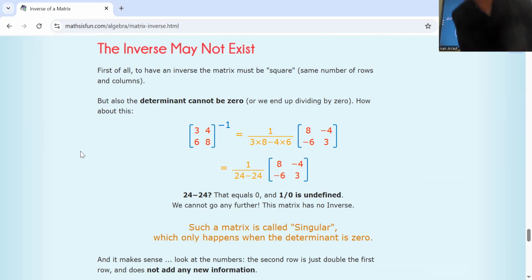That happens in some cases, and it could happen when you have redundant columns or redundant rows. For example, you can have a matrix like this: 1, 4, 5, 3, 2, 1, 1, 4, 5. These two rows represent the same. The determinant of this matrix is 0.